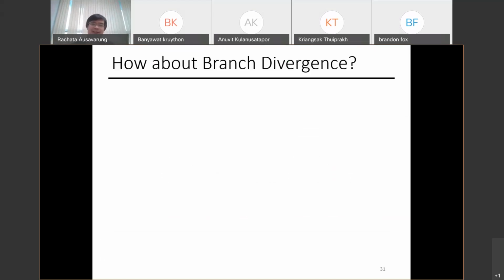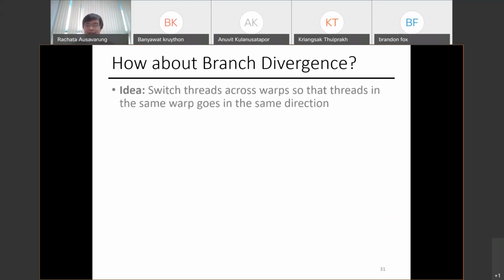And how about branch divergence, right? For branch divergence, there are actually a lot of ideas being proposed because it's another significant problem. They were solved to some extent around the year 2010 to 2013, 14. The key idea is you can switch threads, as Champ mentioned last class on Monday. This is basically the idea they're proposing.